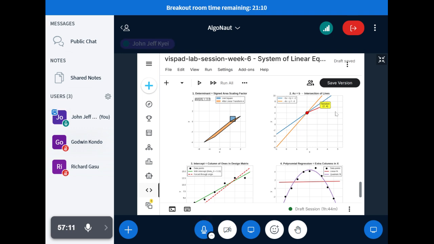And we also see that the second one is lines, two lines intersecting. The point at which they intersect is the solution.